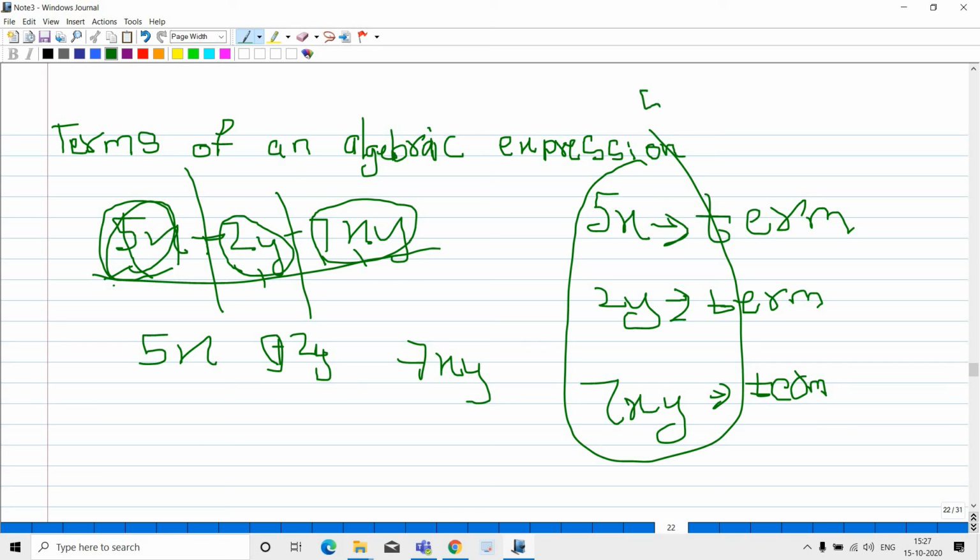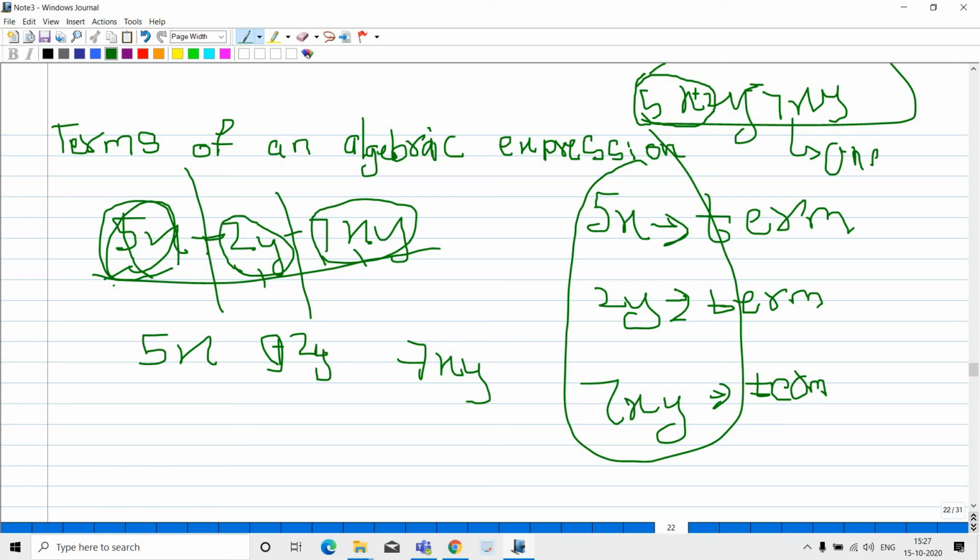We can't write 5x, 2y, 7xy together like this, because it would become a product of the terms, and then it would be one term. For that reason, plus and minus signs separate the several parts, and then it becomes an expression.